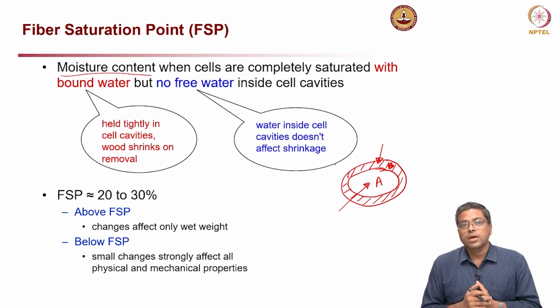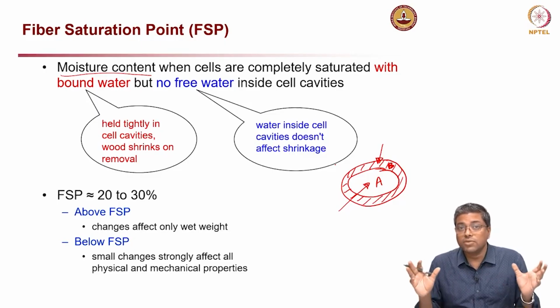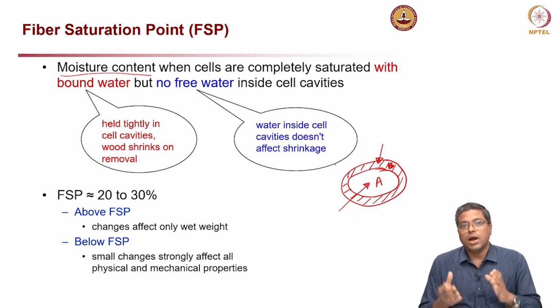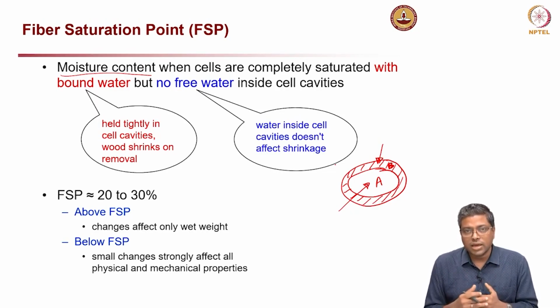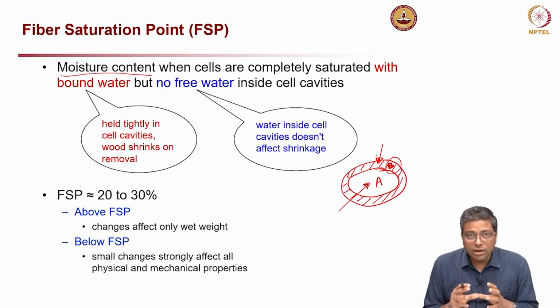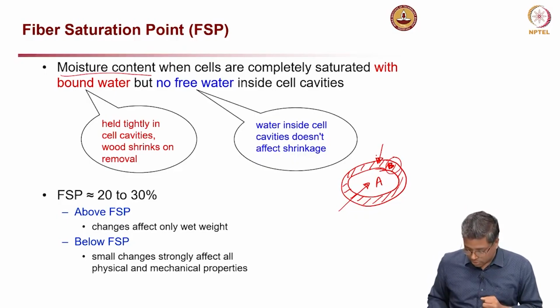At that time, the only change in the wood is the change in weight, loss of water. After further drying, when you reach the fiber saturation point, the water from the region B also starts evaporating, and then the properties start changing. Not only weight, but also the shrinkage and mechanical properties.